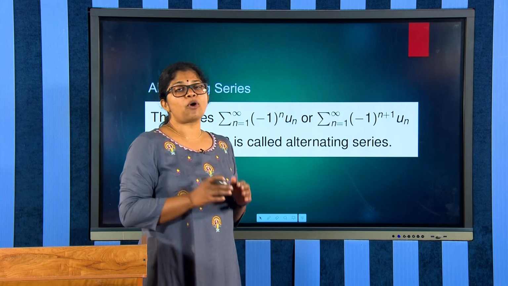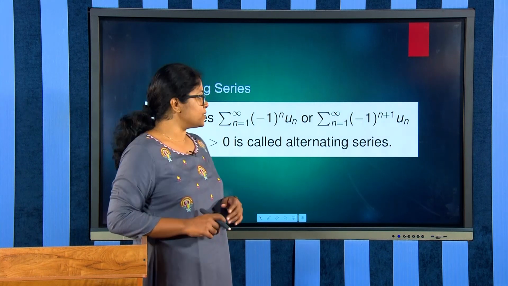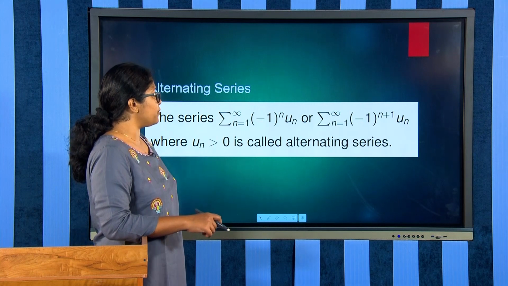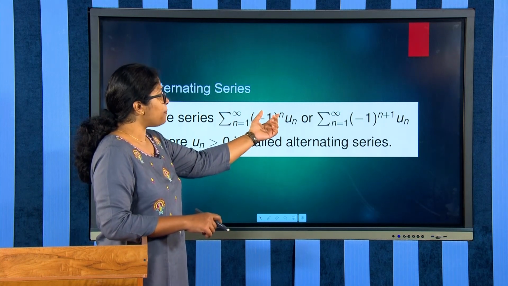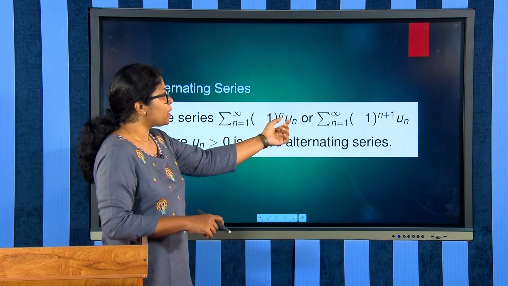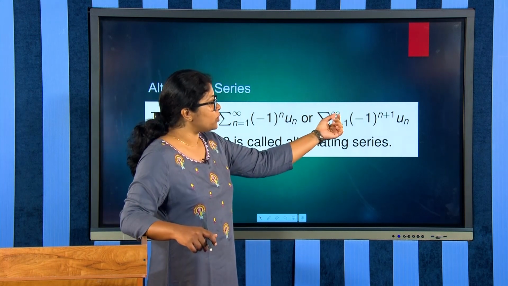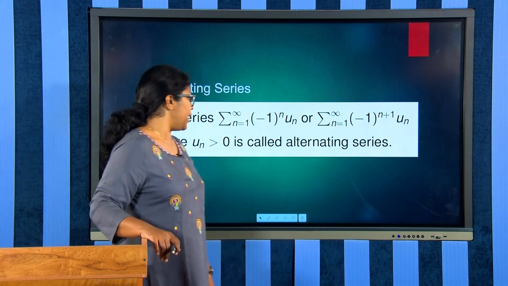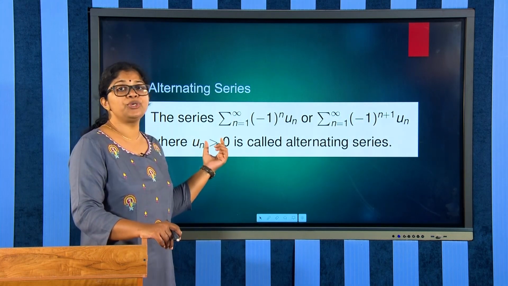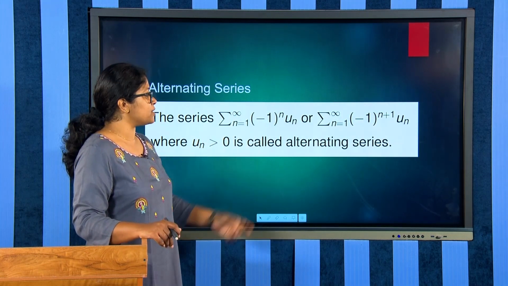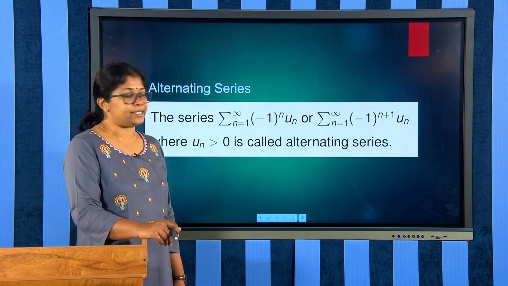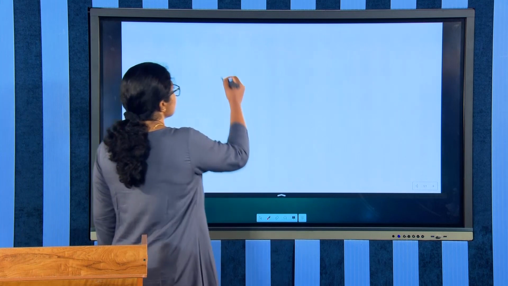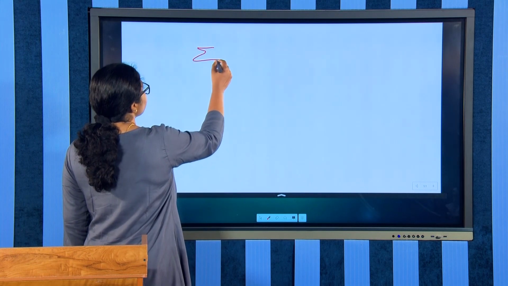The definition of alternating series is as follows. The series summation n equal to 1 to infinity (-1)^n u_n, or summation n equal to 1 to infinity (-1)^(n+1) u_n, where each u_n is greater than 0, is called an alternating series. We can expand these terms for a clear understanding.